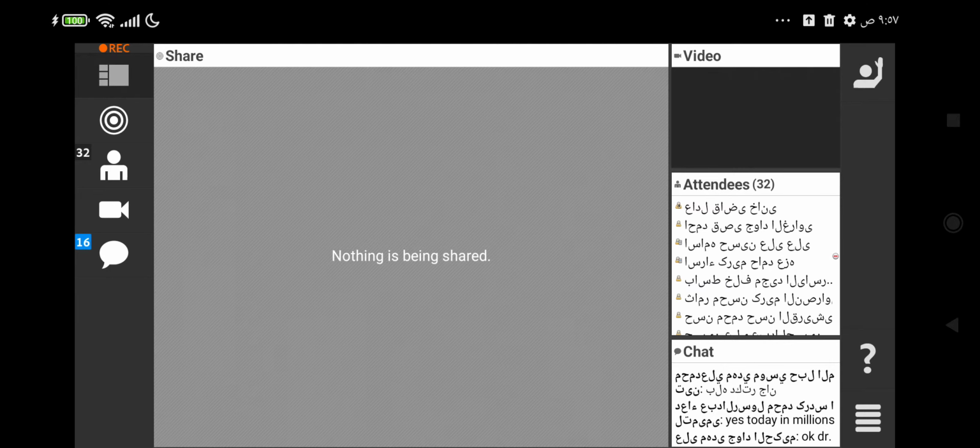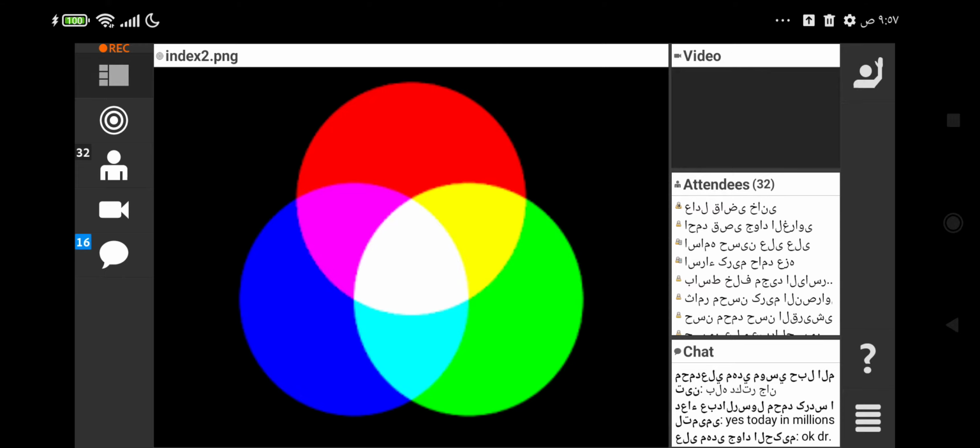So this is the black and white image. But most of our images are not black and white, they are color images. In the color images, what happens?